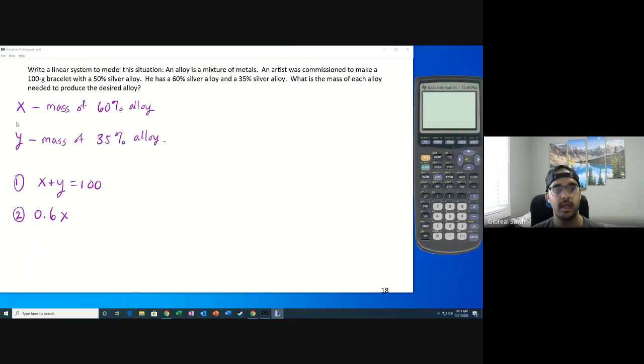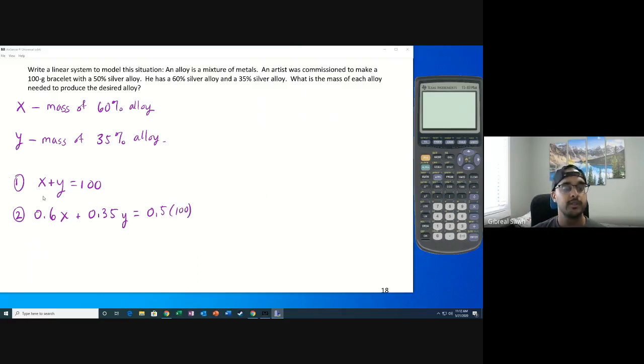So 60% of this is silver, 35% of this is silver, so plus 35% of y, that's going to need to give me half of this amount. The whole bracelet is 100 grams, but only half of it is silver. So I need that to be equal to 50 grams, which is the same thing as 0.5 multiplied with 100.